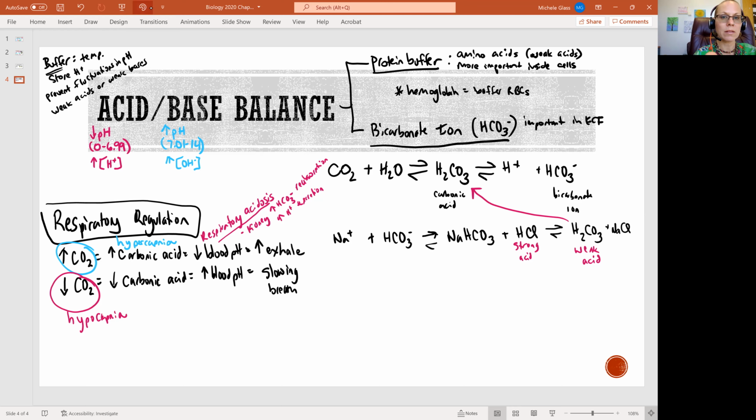When we talk about the flip side of this, when we talk about having an elevated blood pH, we call that respiratory alkalosis. And this is saying you have too little CO2. And here, when we talk about slowing the breathing, we're going to decrease the respiratory rate.